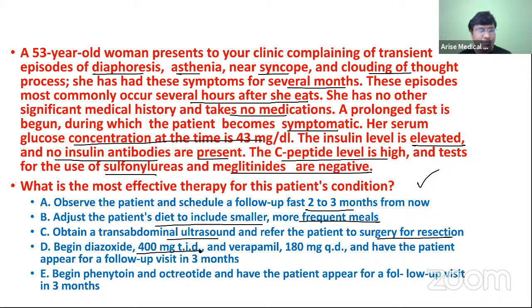Begin diazoxide 400 milligrams thrice daily and verapamil 180 milligrams thrice daily, and have the patient appear for a follow-up visit in 3 months. Begin phenytoin and octreotide and have the patient appear for a follow-up visit in 3 months.